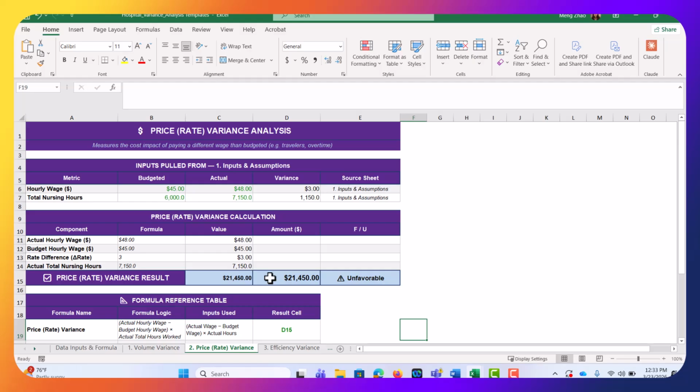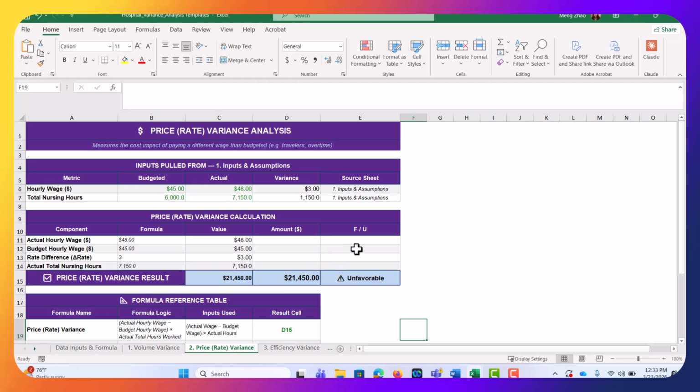The price variance is important because we need to think about whether this happened because we paid at a higher rate due to travel nurses, or due to overtime, or because we have to pay higher due to market pressure.